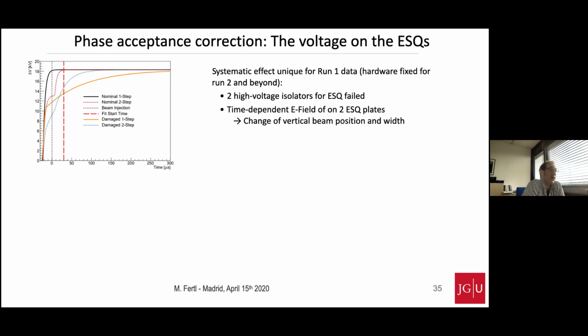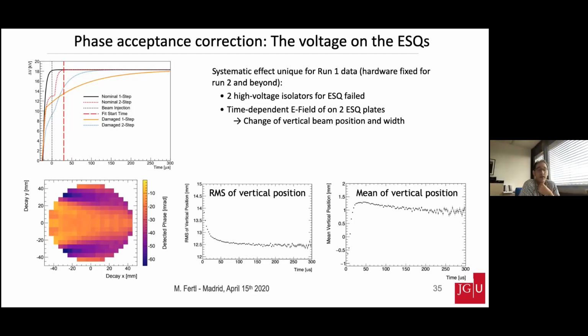And so this means that we had actually a time-dependent electric field on 2 of these electrostatic quadrupole plates, which caused a vertical displacement of the beam and a change of the beam width. And if you combine this change of the vertical position and the beam width, which were well measured with the tracker, with the simulation that I show on the left-hand side, you actually get a residual effect, which is large.